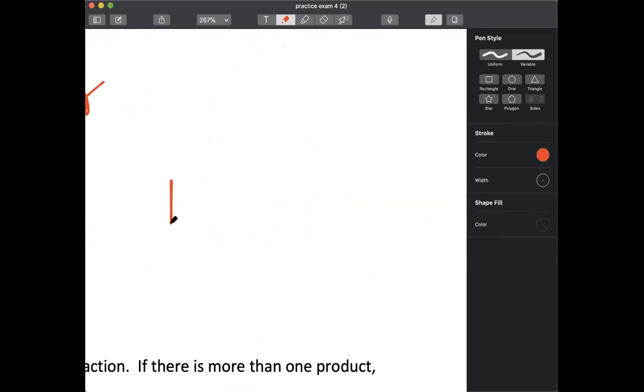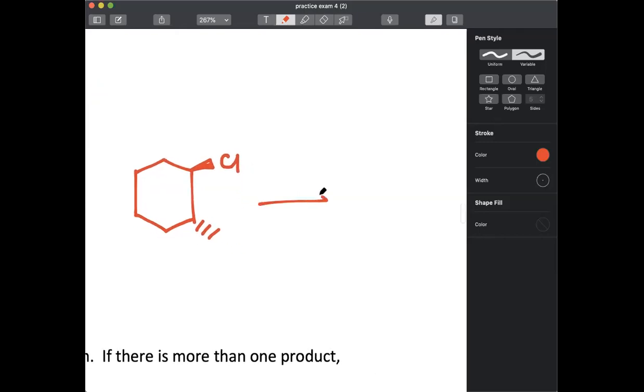Okay. So usually your major product for elimination is the more substituted product, okay? But in one particular case, that won't be true. So say she gives you this, and she tells you it's going to react with LDA.